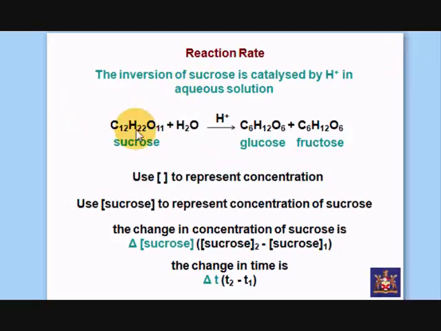Okay, a reaction rate with a typical example of a reaction. We've got our reactants on the left and our products on the right, and you can see that in the presence of water and hydrogen ions, you end up with glucose on the right hand side. You use square brackets to represent concentration, so for instance, you put a square bracket around sucrose to represent the concentration of sucrose.